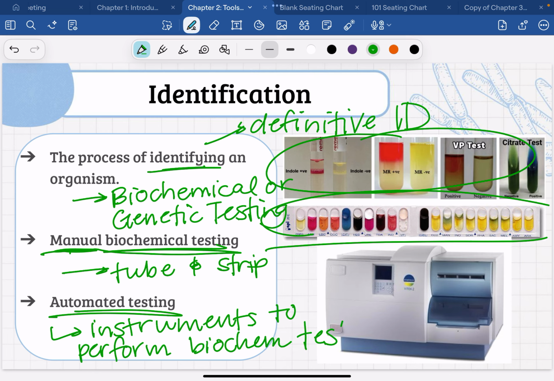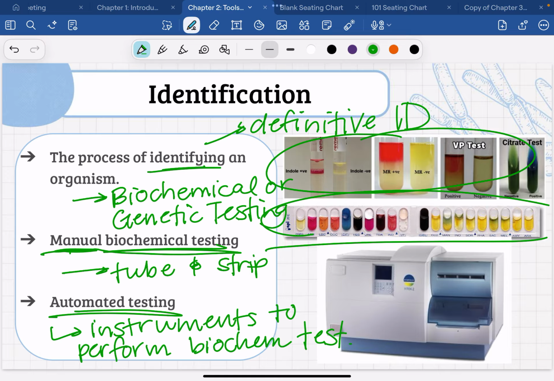So instead of a microbiologist having to line up 17 tubes, add bacteria to each and every one of them, wait an appropriate amount of time, usually between 16 and 24 hours, and then manually recording the results and looking that up in a manual and figuring out what the identification is, we now have instruments that do all of that for us.